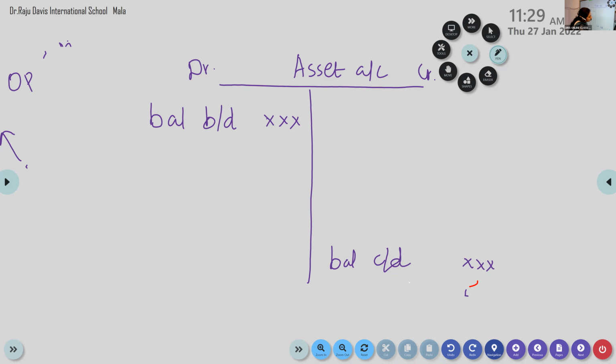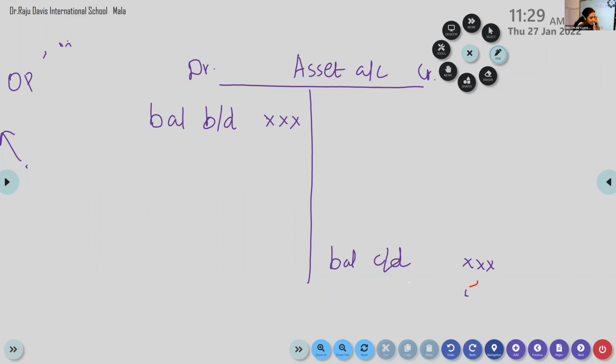Asset is sold. What is the entry? When you sell something, what comes to the business? Cash comes. What goes out?